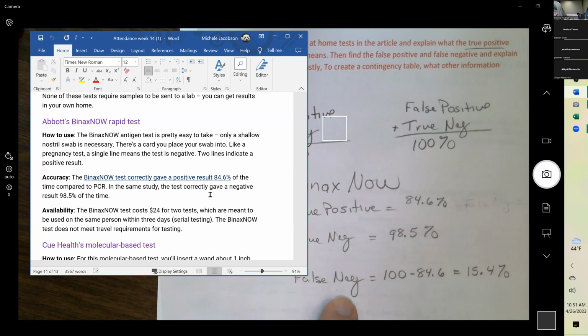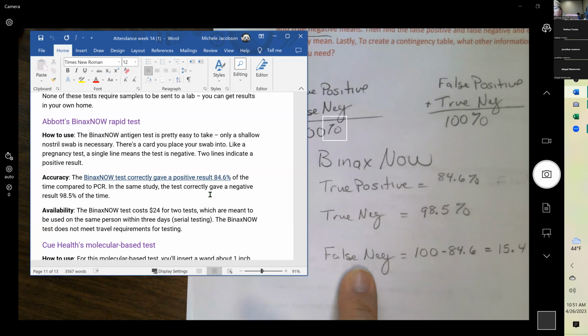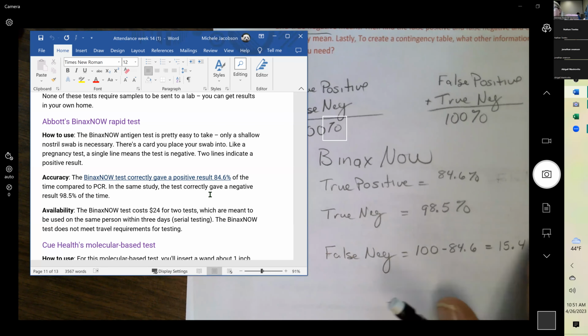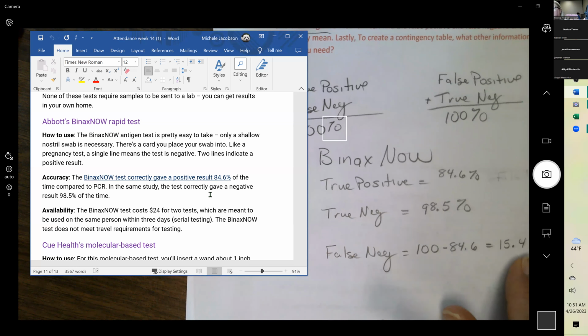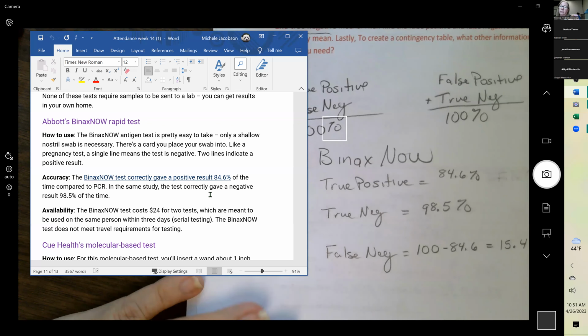So of those who test negative, it will be wrong. They will have COVID. 15.4% of those who have COVID will not know. And that's one reason why they say if you have the symptoms, wear the mask.